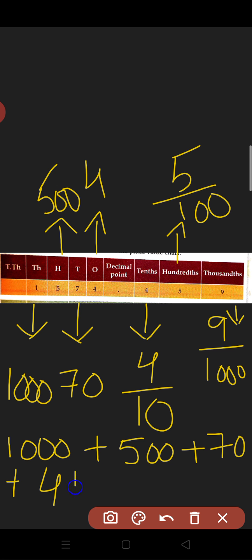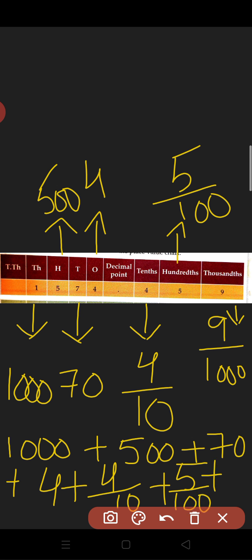Next, fractional part: 4 by 10 plus 5 by 100 plus 9 by 1000.